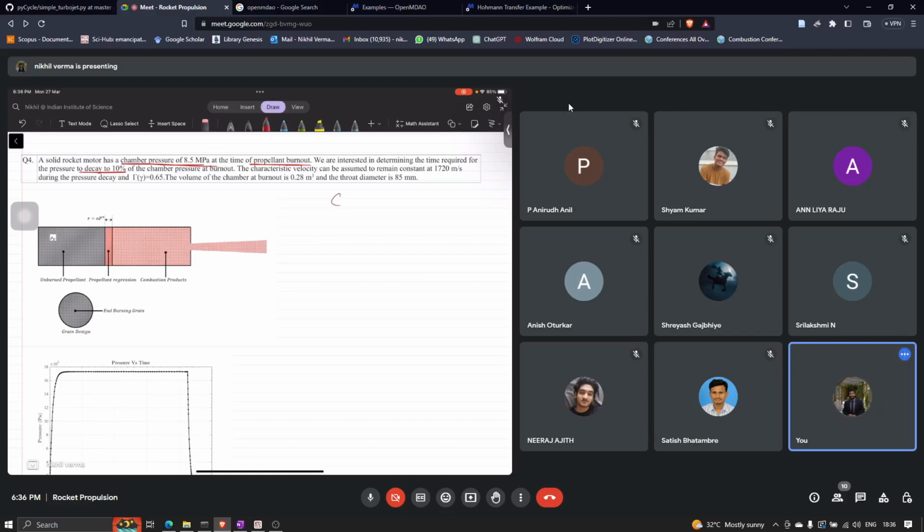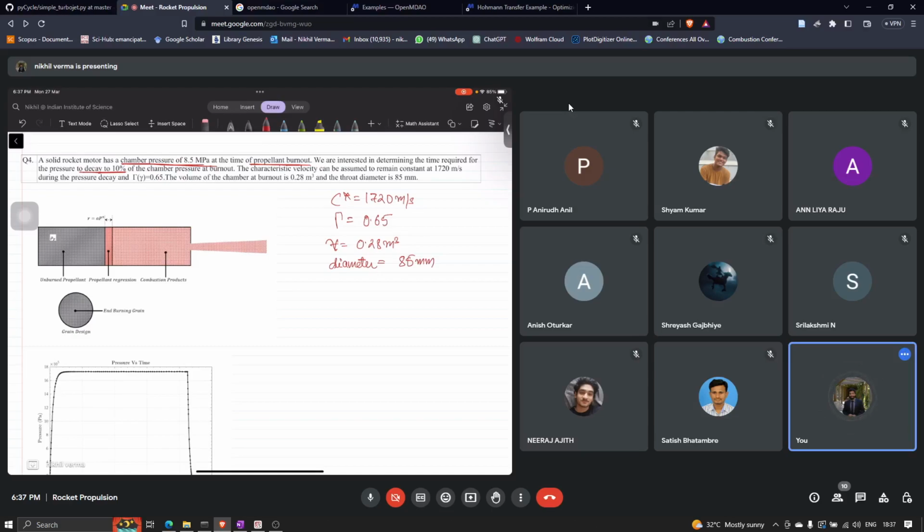C star is constant, which is 1720 meters per second, and gamma is given as 0.65. The volume of the combustion chamber at burnout is 0.28 meter cube. Throat diameter is 85 mm.